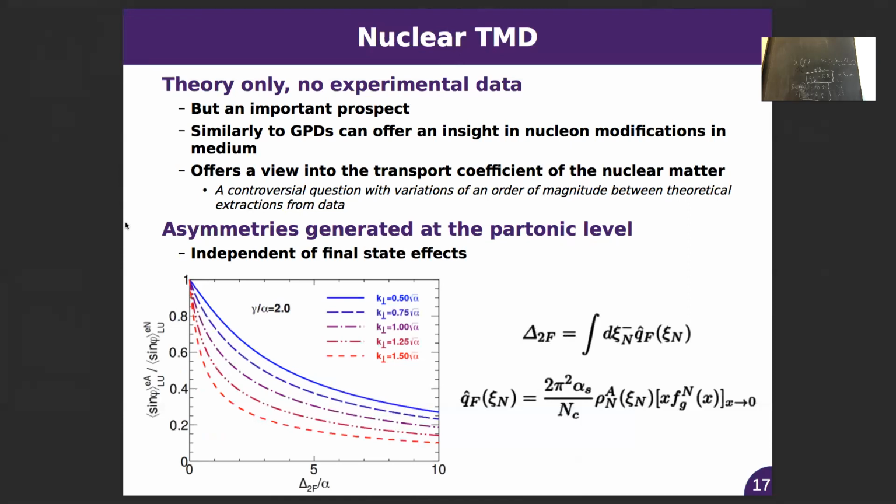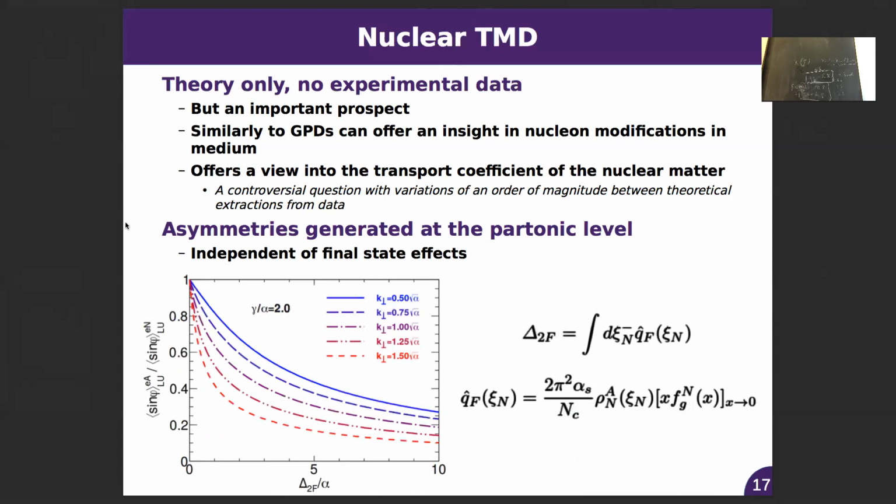On top of that, people that have done some theory on that actually linked it. We heard about the transport coefficient from Ivan yesterday, and they have looked at how the transport coefficient would modify the asymmetries.